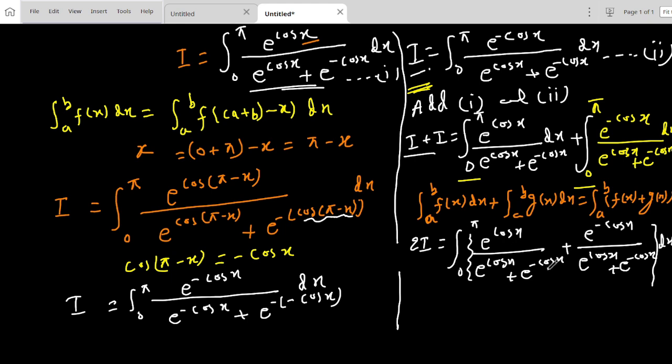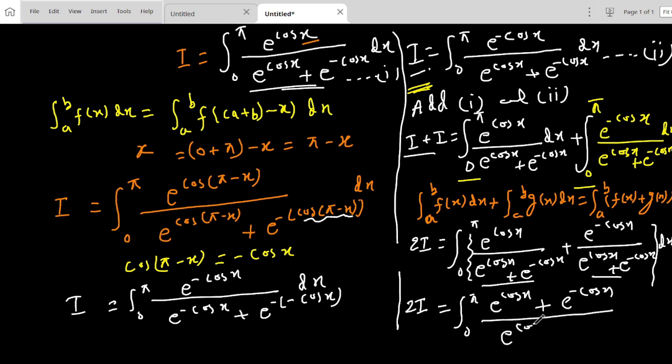Since here we can see the denominators are equal, we are going to add the numerators. So 2I is equal to the integral from 0 to pi of e to the power cos x plus e to the power minus cos x, and the denominators are the same, so we will keep it as it is: e to the power cos x plus e to the power minus cos x, dx.